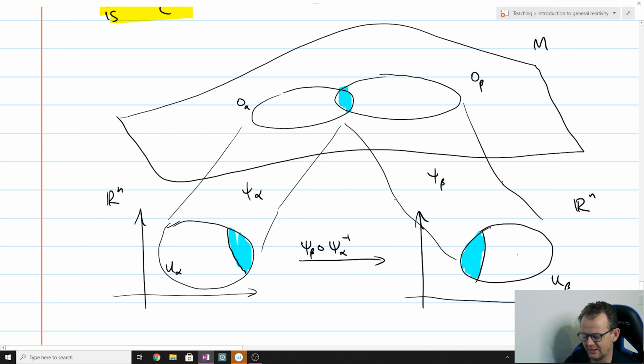We want to have this point in the intersection of these two sets. So suppose you have a point P in the intersection of O alpha and O beta. You can form the function psi beta inverse. Here it is, because psi beta is one-to-one and onto, there is an inverse.